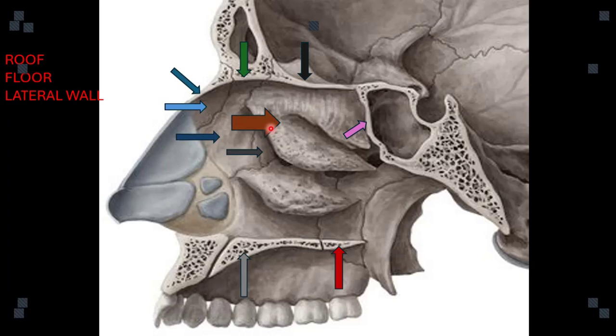The ethmoidal labyrinth possesses the superior concha there, the middle concha, and also an uncinate process, which will be somewhere there.